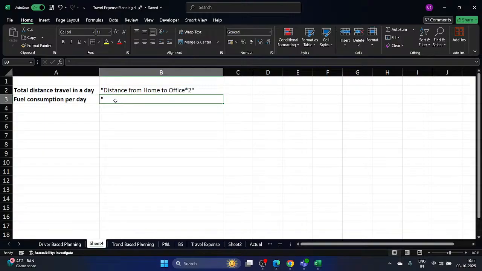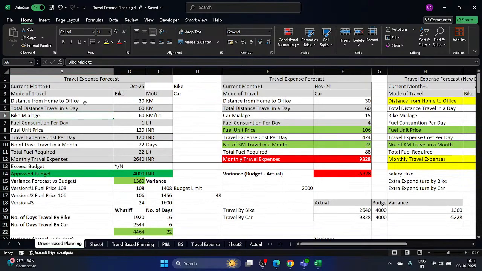Here the formula would be total distance traveled in a day divided by bike mileage.